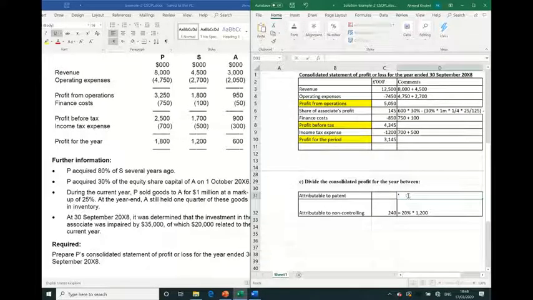And then the difference between the profit for the period, which is 3,145, take away 240, the non-controlling interest share in the subsidiary profit, will give us the profit attributable to the parent owners, which is 2,905. So this is the numerical example covering the consolidated statement of profit or loss.